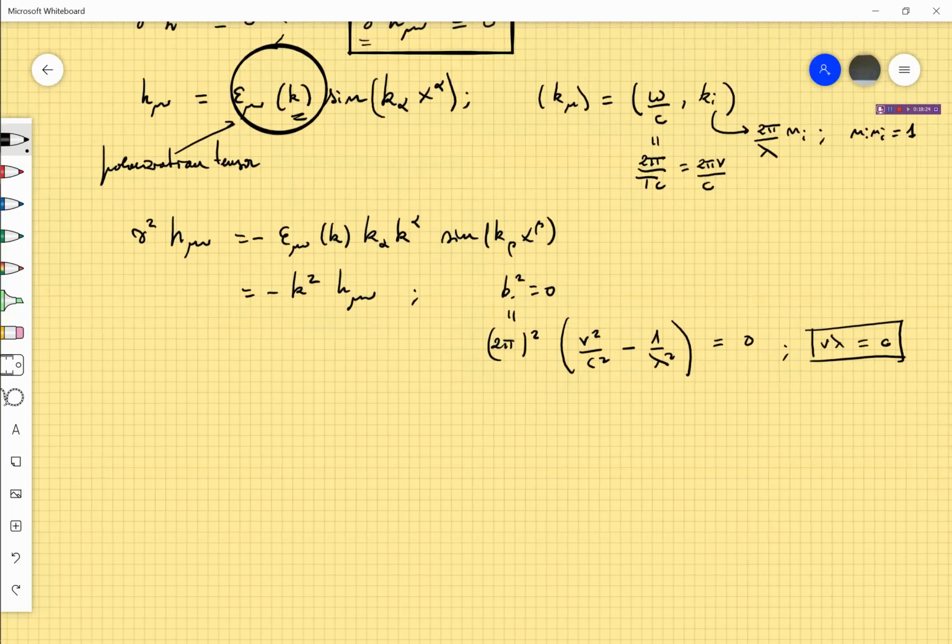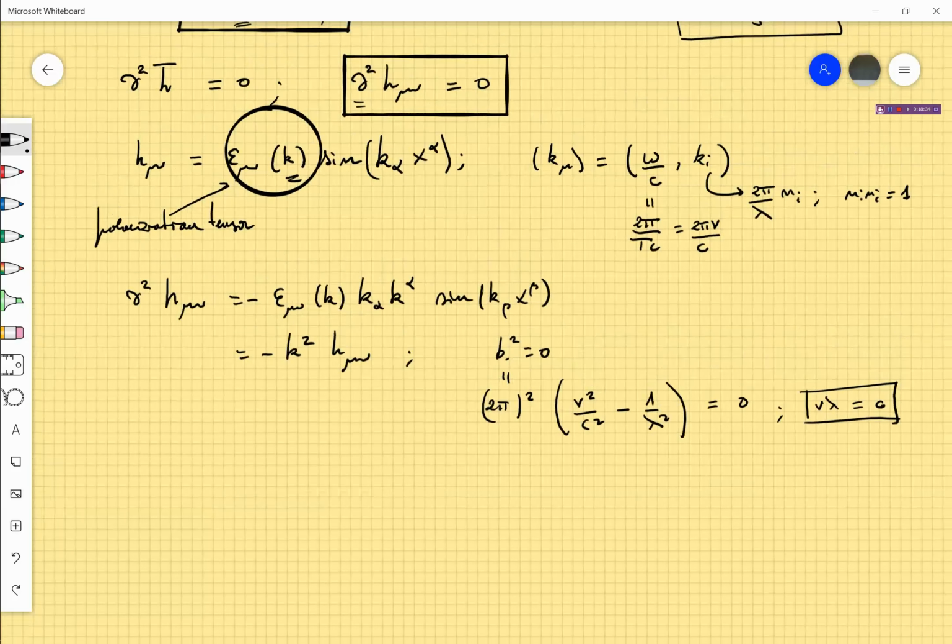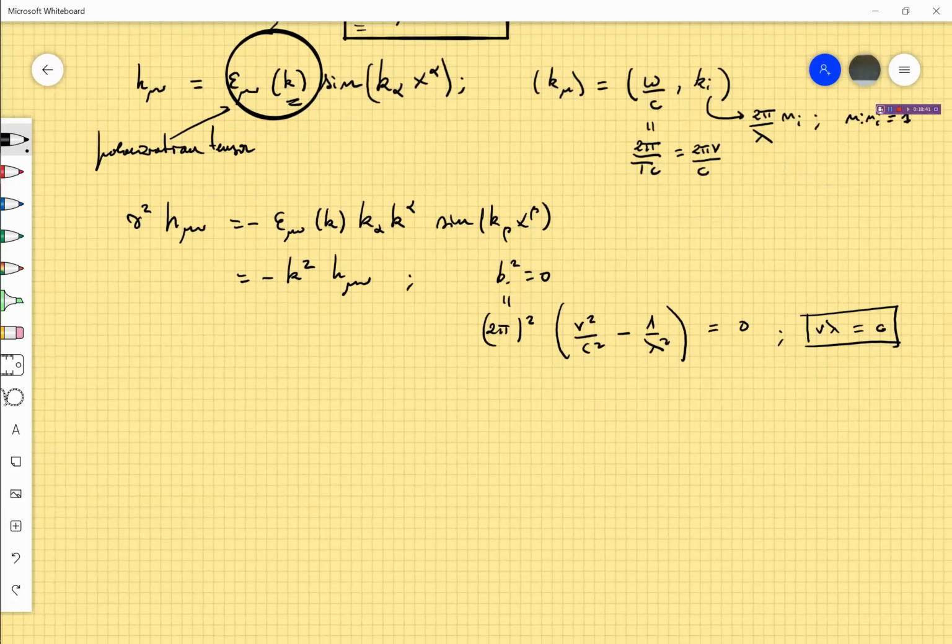Still, we haven't imposed the De Donder gauge in this solution. We just said that this is a solution, but h mu nu has been assumed to satisfy the De Donder gauge condition. So we now compute, instead of just a derivative with a free index, the divergence of h mu nu, and we find that this is epsilon mu nu.